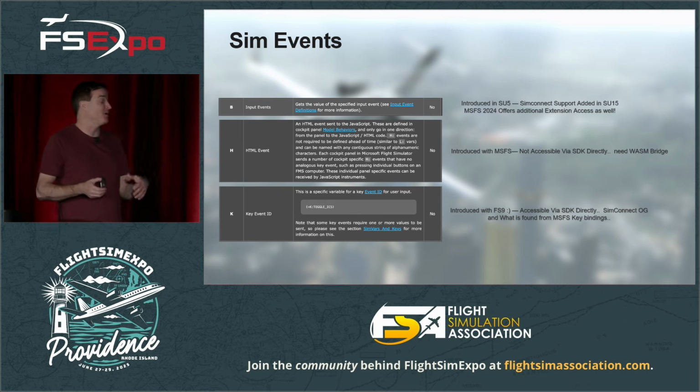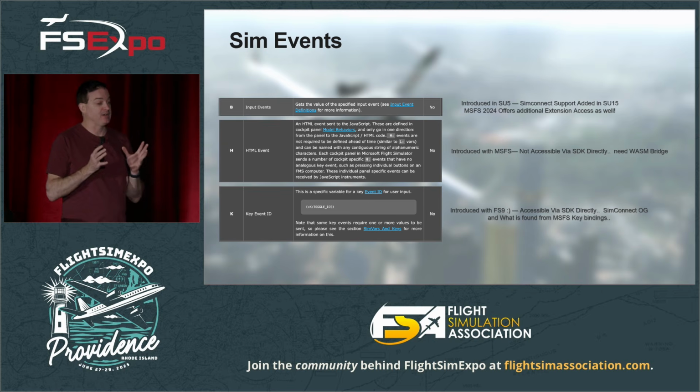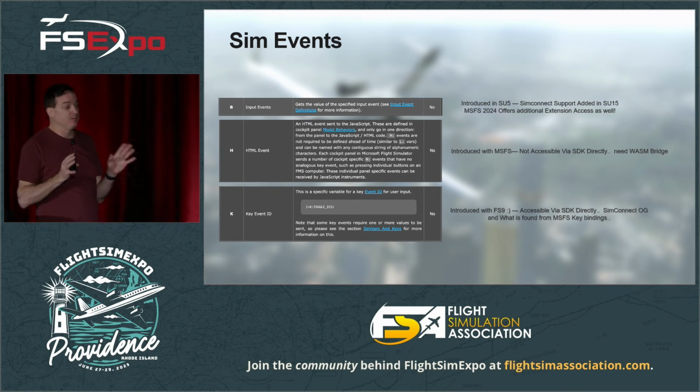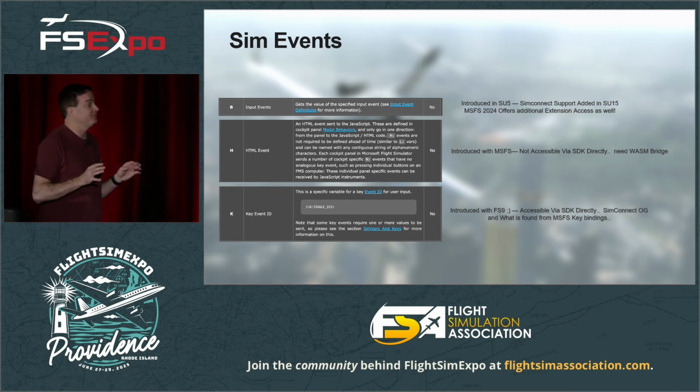So obviously for Xbox and other things, this really helped make it more efficient. And when we come to 2024, you're going to find almost all of the default planes are running on B events. There's a lot of stuff that you can't even trigger.